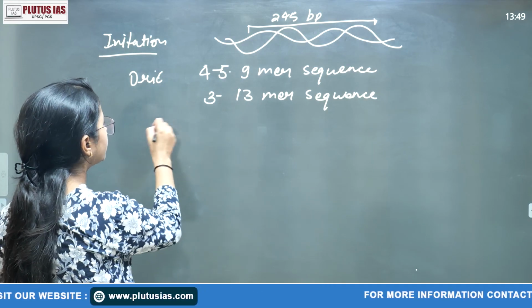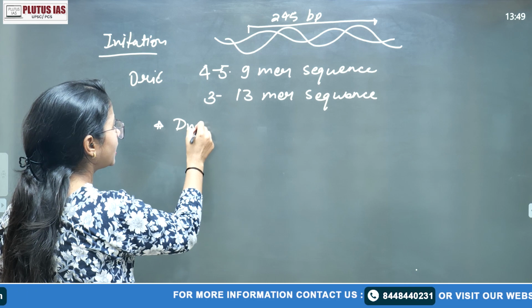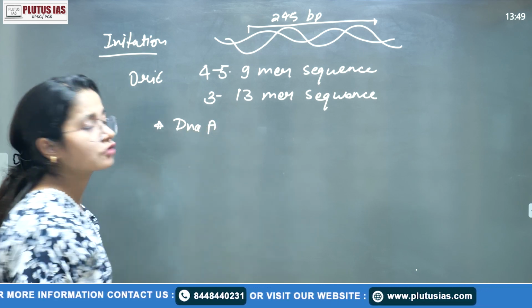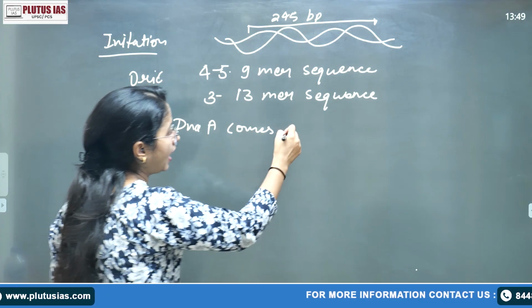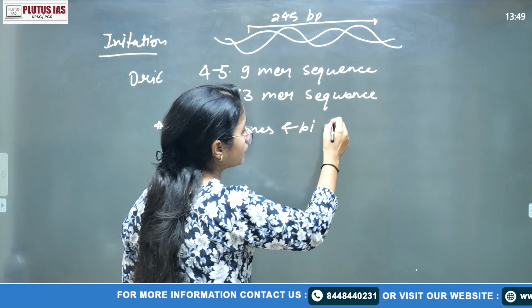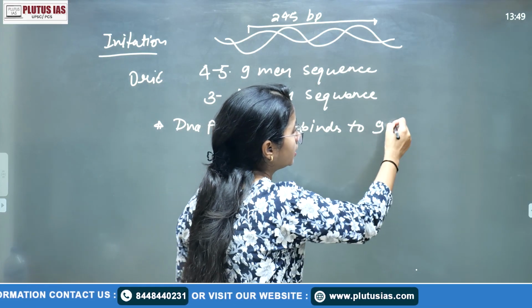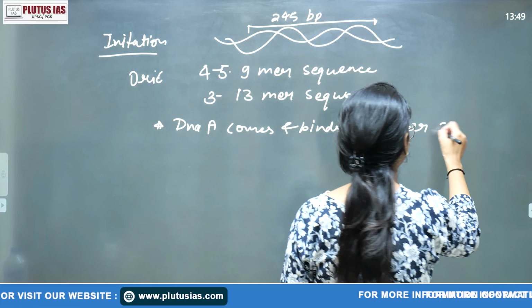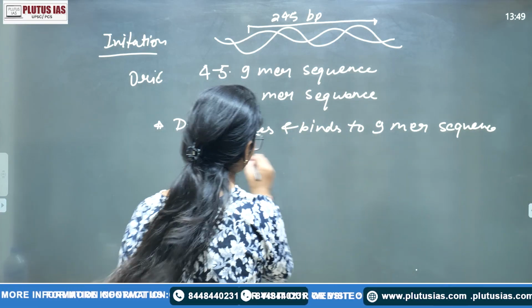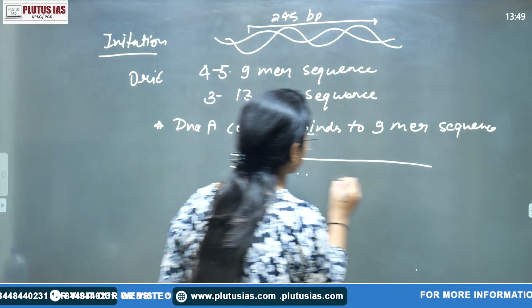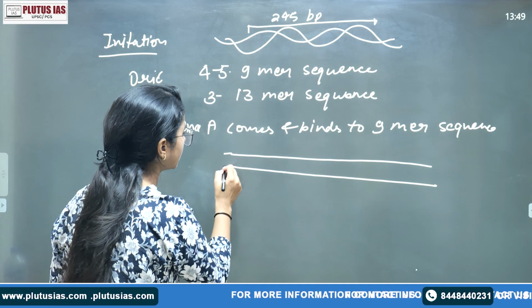So what happened here? The first is DnaA, one of the enzymes. DnaA comes and binds to the 9-mer sequence. If I tell you how this looks, suppose this is your prokaryotic DNA.